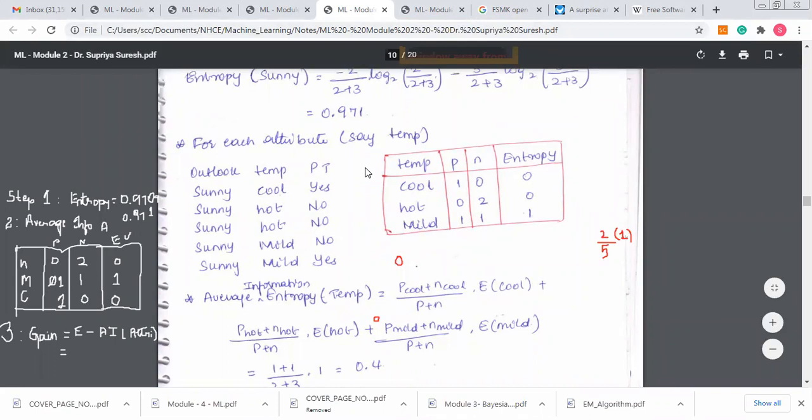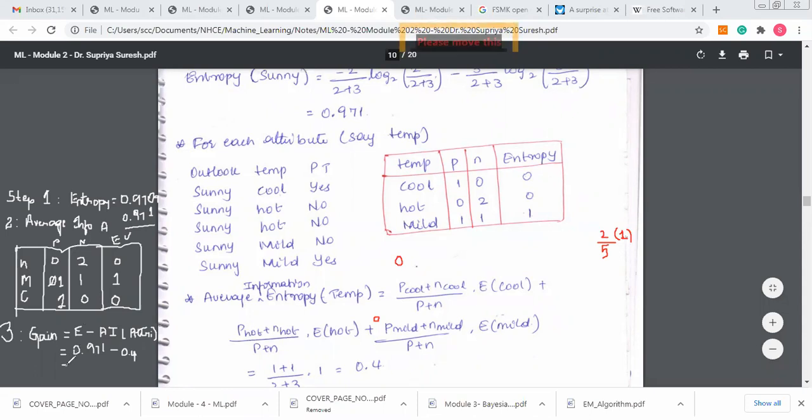So now my gain value will be the entropy value, which I know to be 0.971. I'm not taking the previous entropy value because everything I'm doing is with the new table that we created. So 0.971 minus the average information of the attribute temperature, which is 0.4.